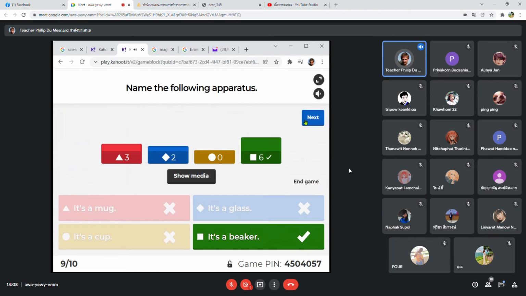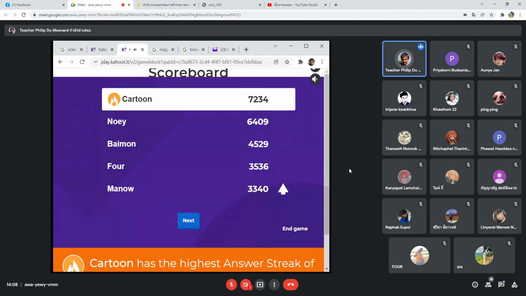Wow, 6 students correct. That's pretty good. And Cartoon still has not made a mistake, and Manao is now moving up to number 5.